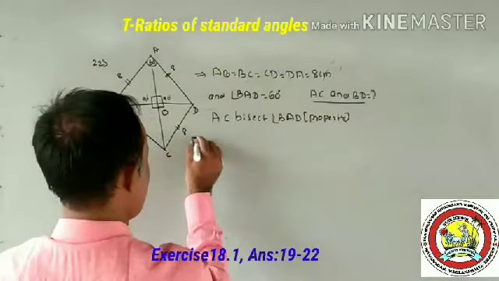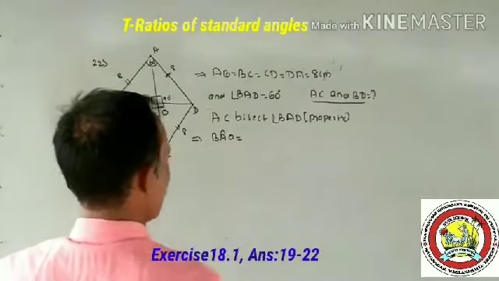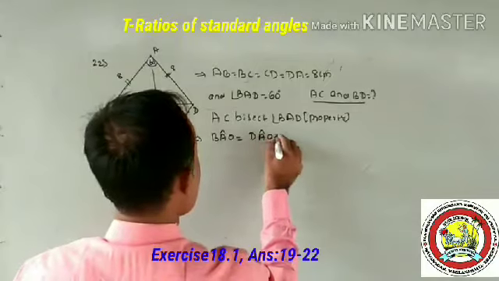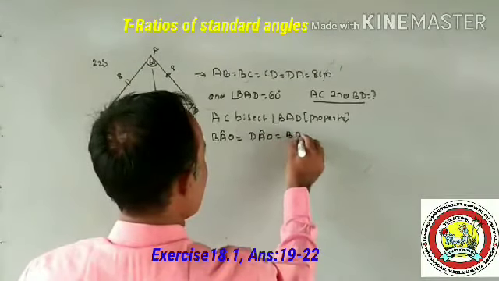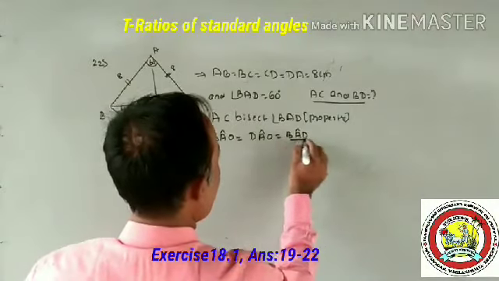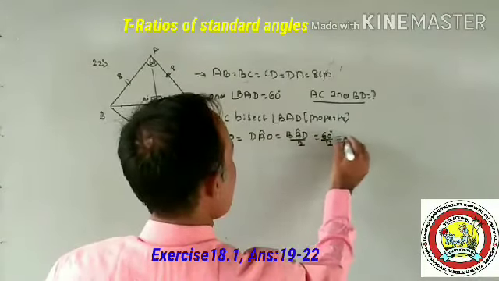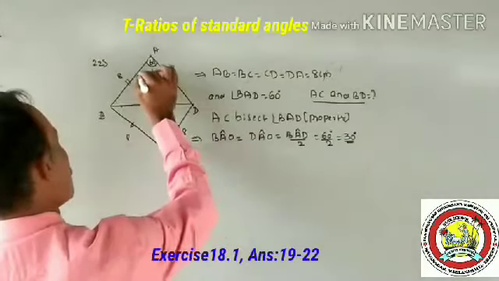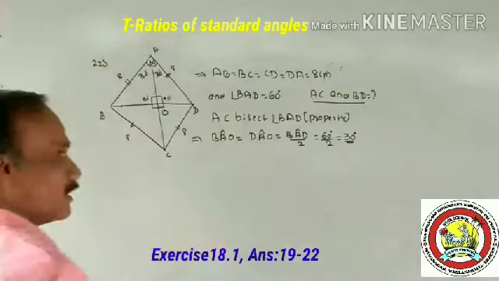Which means angle BAO is equal to angle DAO is equal to half of BAD, that is 60 degrees divided by 2. So both are equal to 30 degrees.